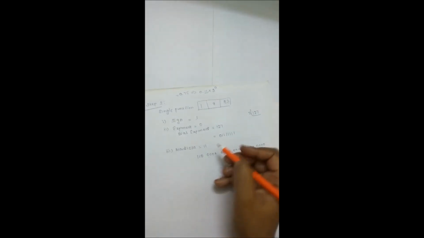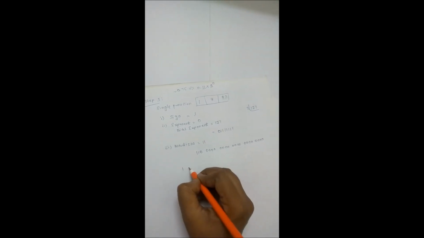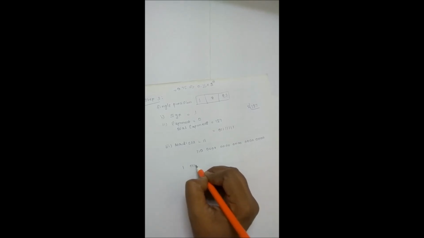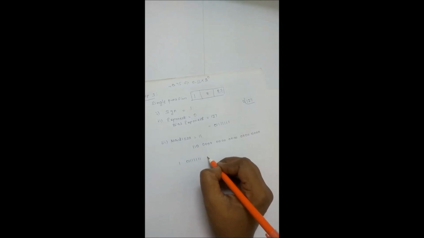Now we combine all these values: the sign bit 1, the 8-bit exponent 0 1 1 1 1 1 1 1, and the remaining mantissa 1 1 followed by zeros. So this is the single precision value.